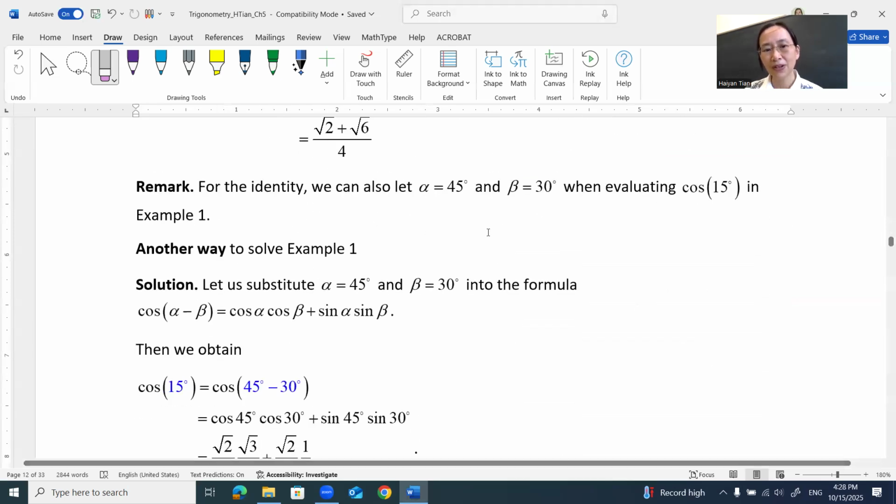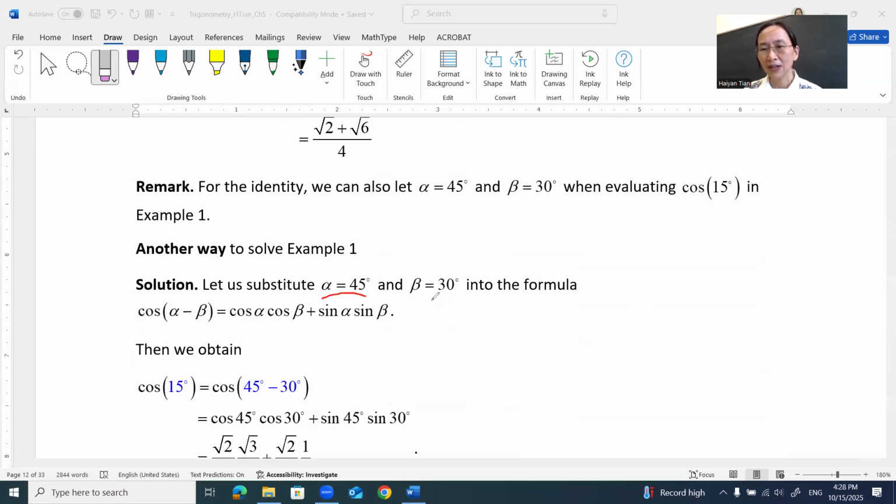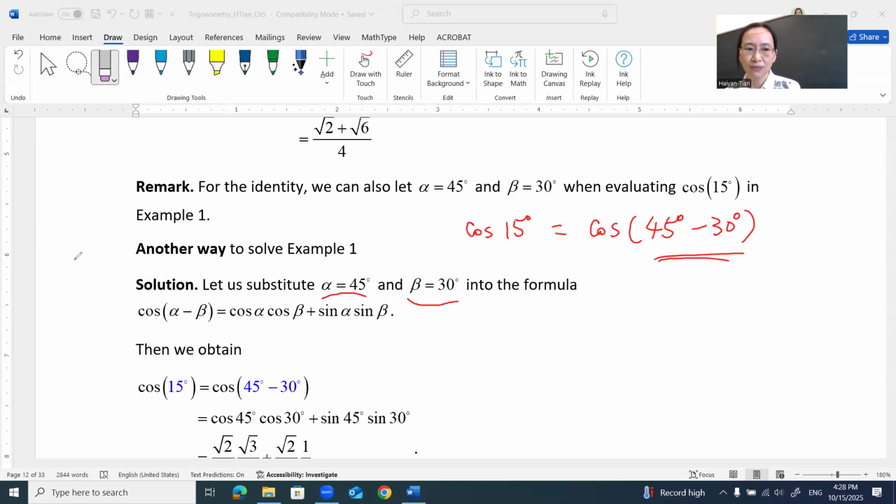If I choose alpha to be 45 degrees and beta to be 30 degrees, the difference is also 15 degrees. So yes, you can calculate cosine 15 degrees in this way, as a 45 degree minus a 30 degree angle. The difference of the two is still 15, so we should get the same answer.